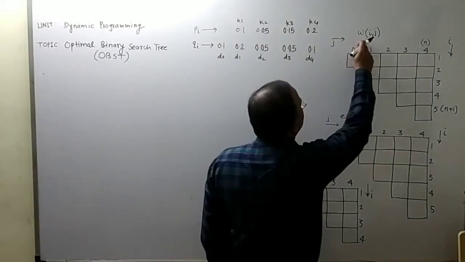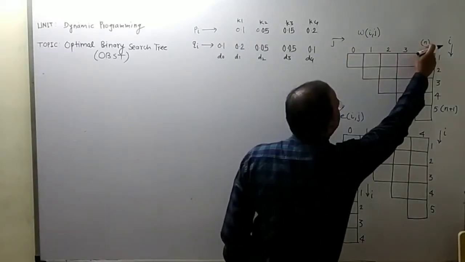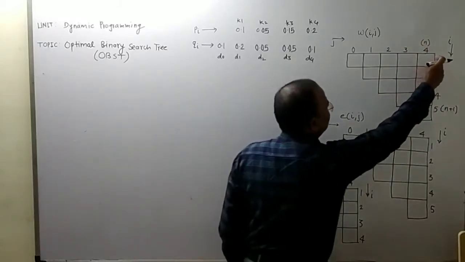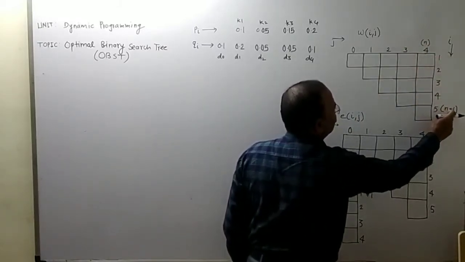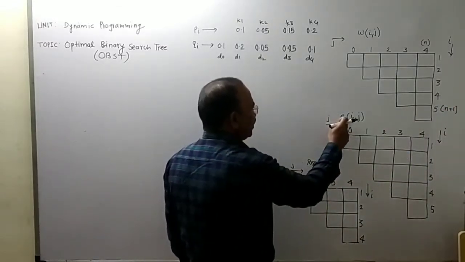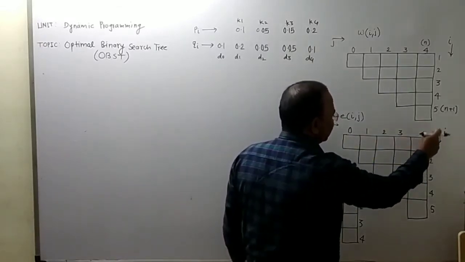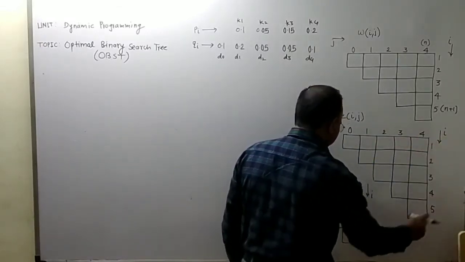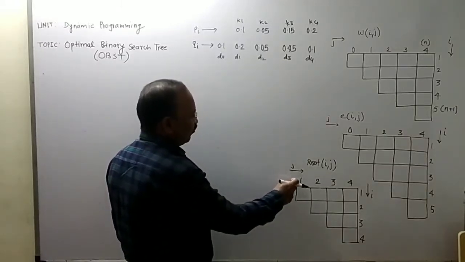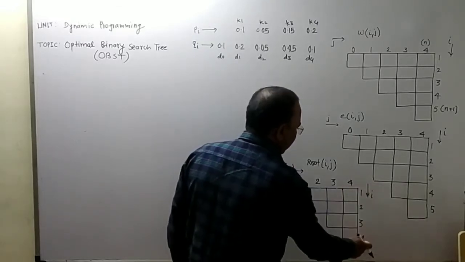In W table, J starts from 0 to N, where N is the number of actual keys, and I starts from 1 to N plus 1. Similarly, in E table, J starts from 0 to N and I starts from 1 to 5. In root table, J starts from 1 to N and I starts from 1 to N.